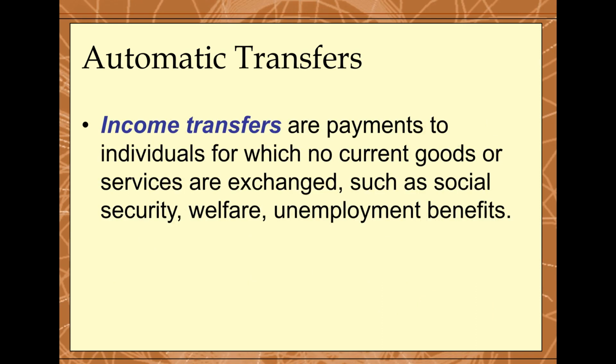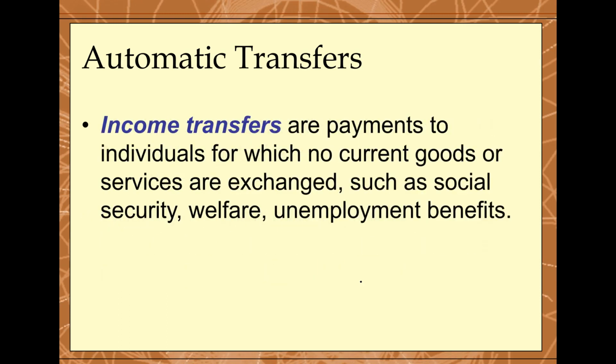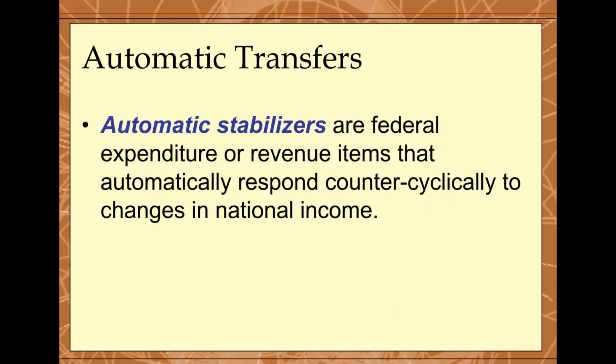Things like income transfers are simply payments to individuals for which no current goods or services are exchanged. Unemployment benefits are simply an income transfer. I tax you and give that money to an unemployed worker, and that's an example of an income transfer.